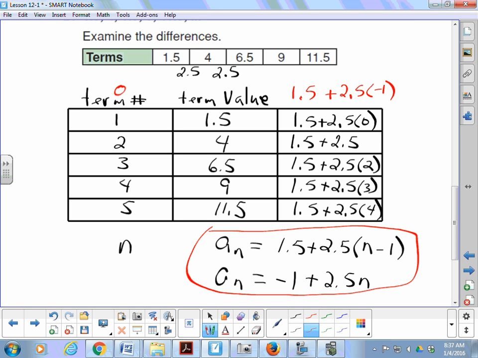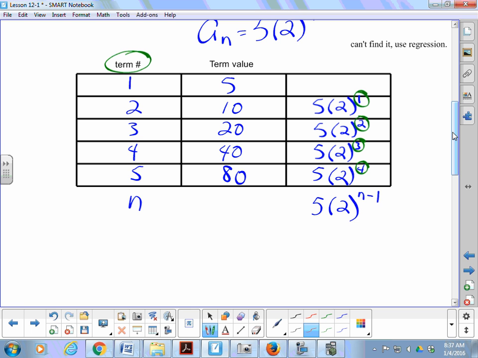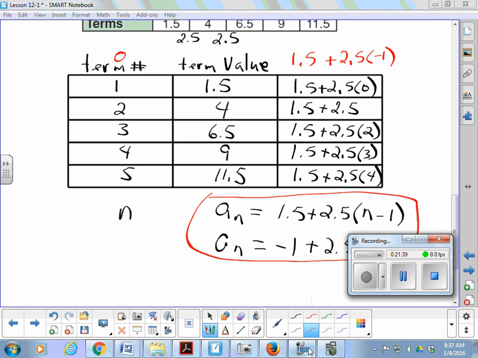But making a table doesn't always work, but it helps you to see. This table I made here helps me to see what's happening from one term to the next. So I can say, okay, so how does my n come into play with this? And that isn't always the case, but most of the time it is.